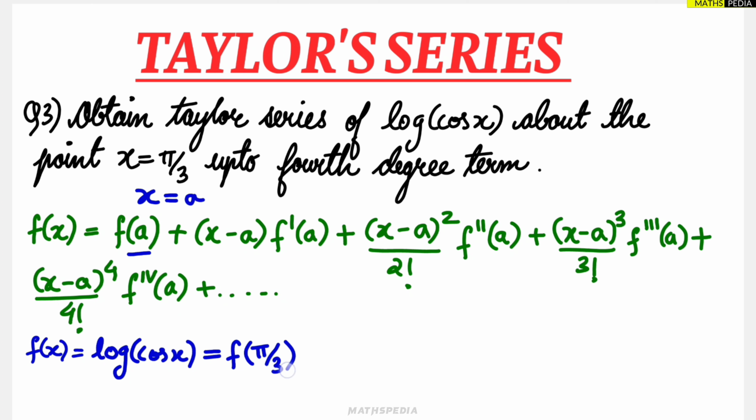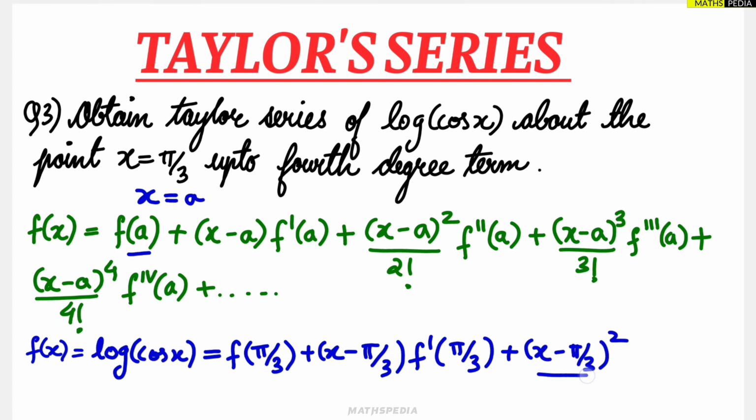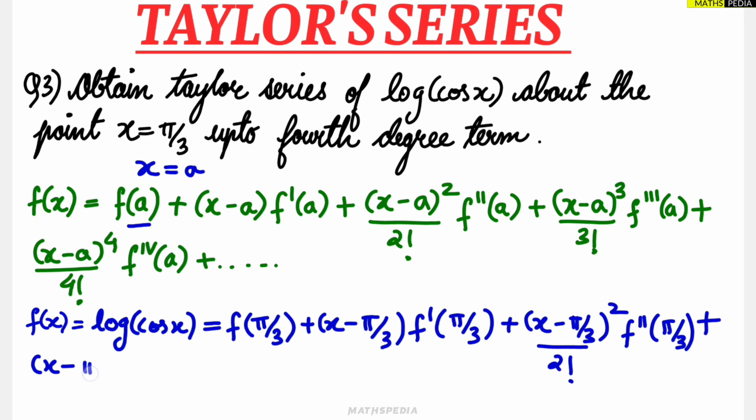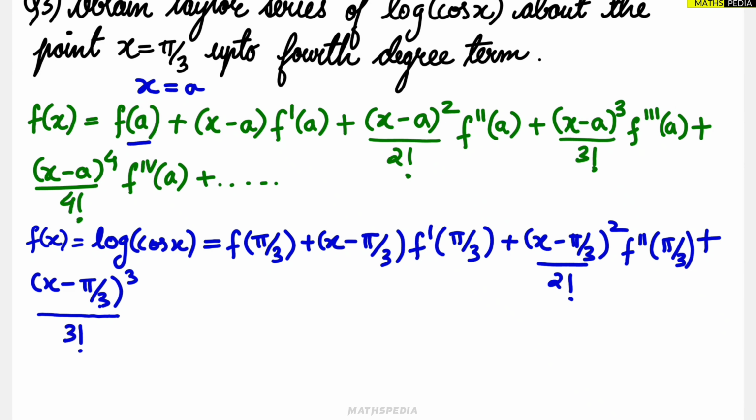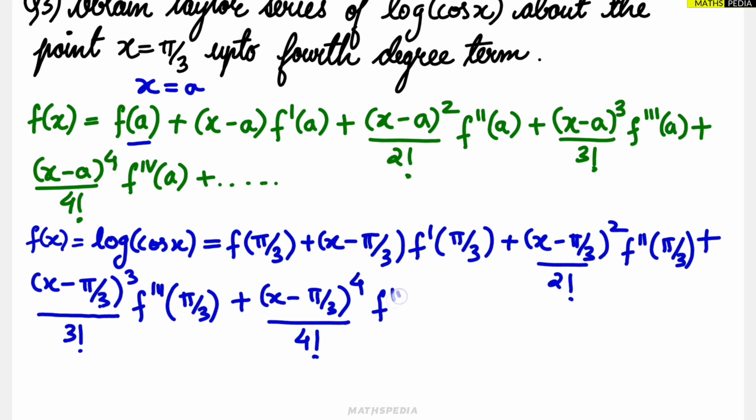So f of pi by 3 plus x minus pi by 3 into f dash of pi by 3, plus x minus pi by 3 the whole square divided by 2 factorial into f double dash of pi by 3, plus x minus pi by 3 whole cube divided by 3 factorial into f triple dash, the third derivative, of pi by 3, plus x minus pi by 3 whole power 4 divided by 4 factorial. Okay, and the fourth derivative we have to do. So till here we have to complete the question.